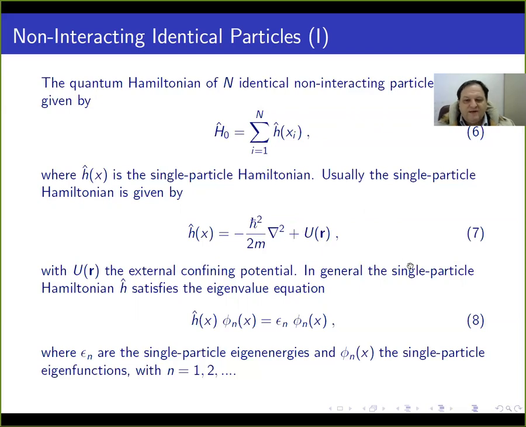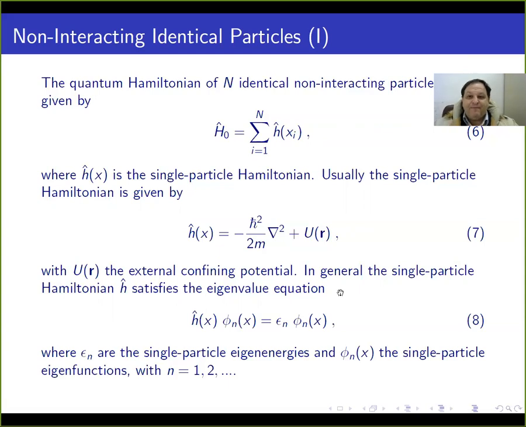In general, moreover, the single particle Hamiltonian small h with the hat satisfies the eigenvalue equation shown in equation 8, namely small h with the hat when applied to a function phi of x must give the same wave function phi times a number epsilon. In this case, this phi is called eigenfunction and epsilon is called eigenvalue.